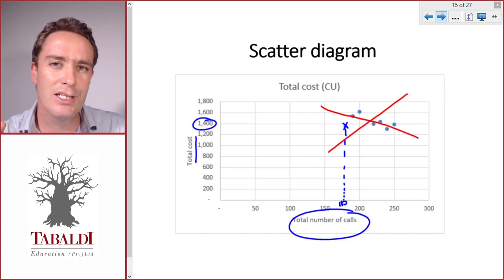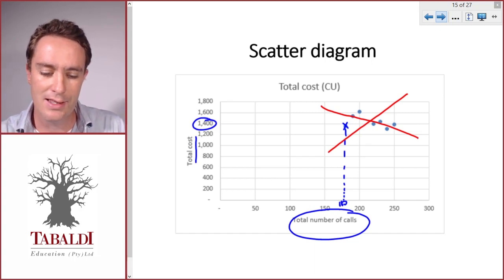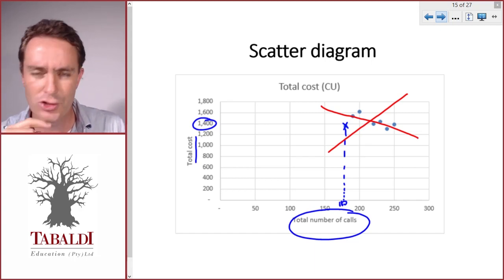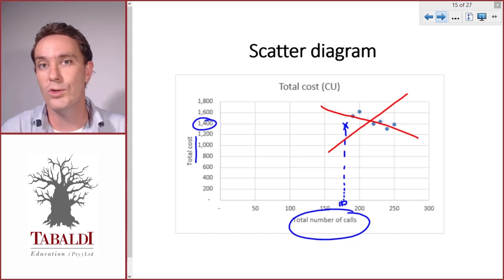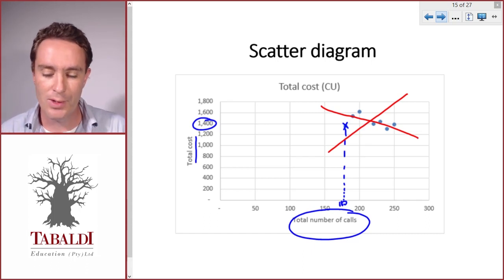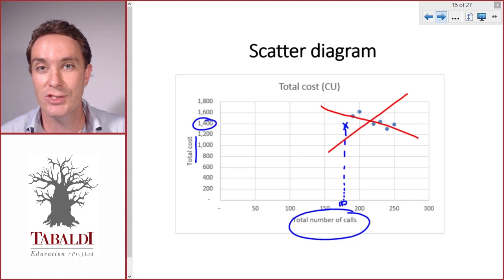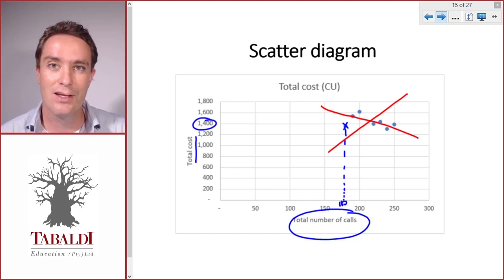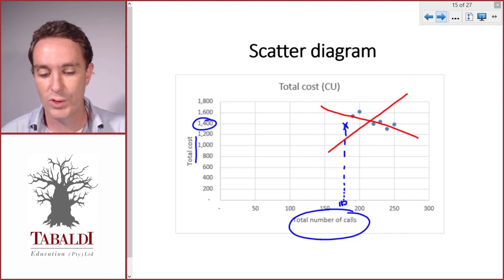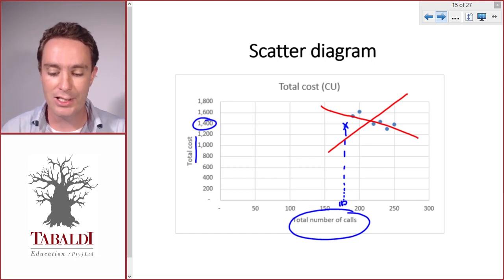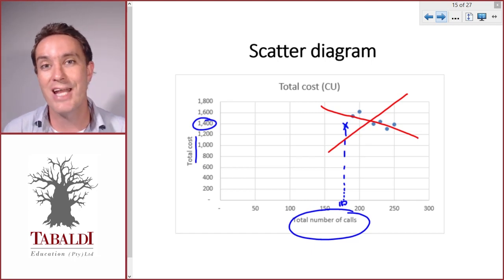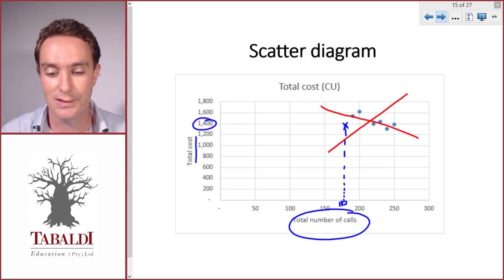Now just think logically, does it make sense that there's no strong relationship? Because surely if we call more, we should spend more. But the problem is some calls may last a few seconds, and other calls might last a few hours, and it might be overseas, like foreign calls, which is more expensive. So the relationship between calls and costs is not as direct as we suspected.